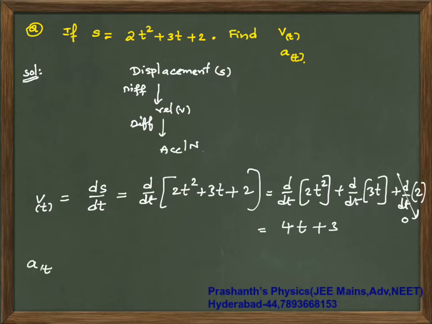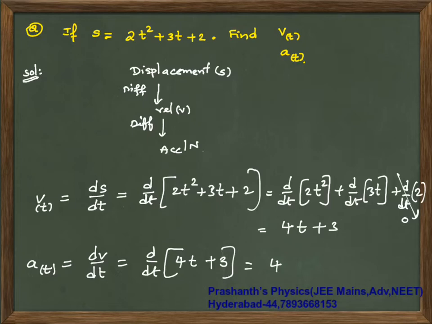If you want acceleration as a function of time, a is dv by dt, that is equal to d by dt of 4t plus 3. That will give you 4 times d by dt of t plus d by dt of 3. This is a constant, so it is 0.